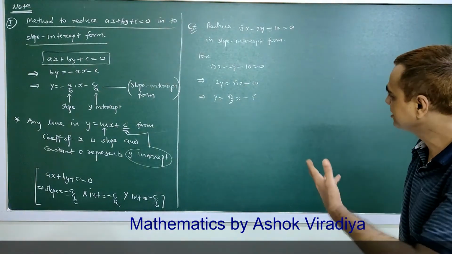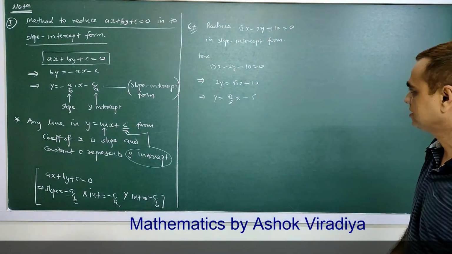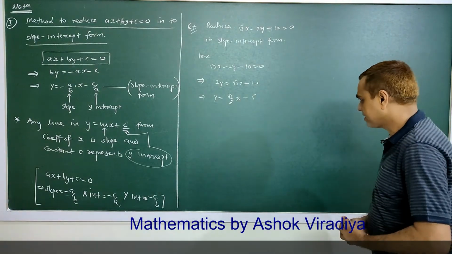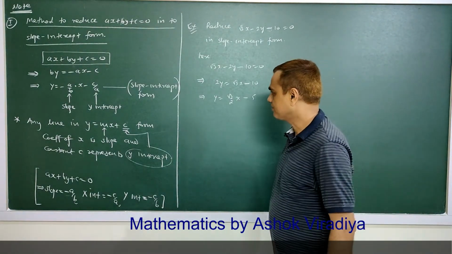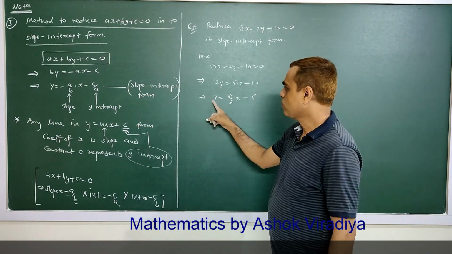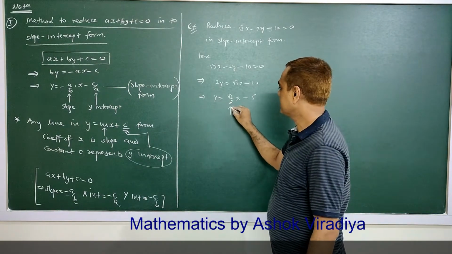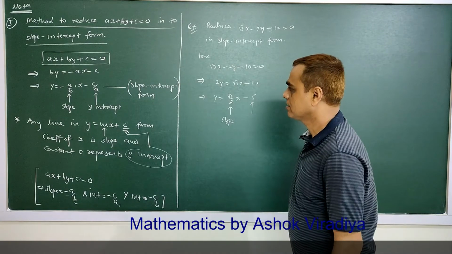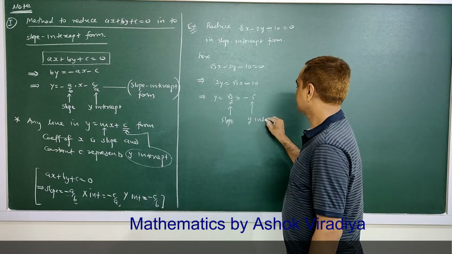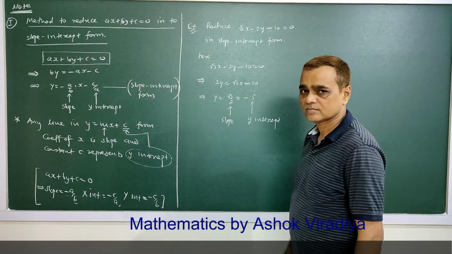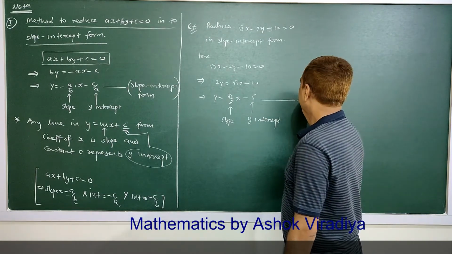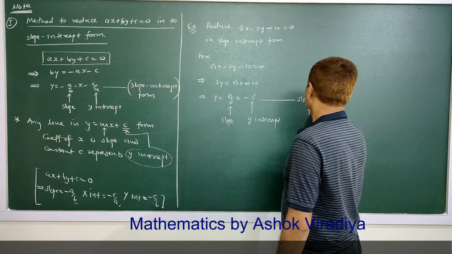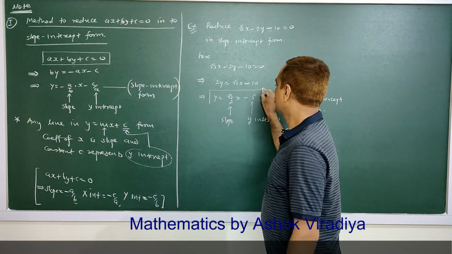Doing a slight change in the question to clear one more point. So root 3x minus 2y minus 10, 2y is root 3x minus 10, divided by 2, we are getting this form. So say this is y equal to mx plus c form. Now this value is the slope, and this is the y-intercept, and this form is slope intercept form.